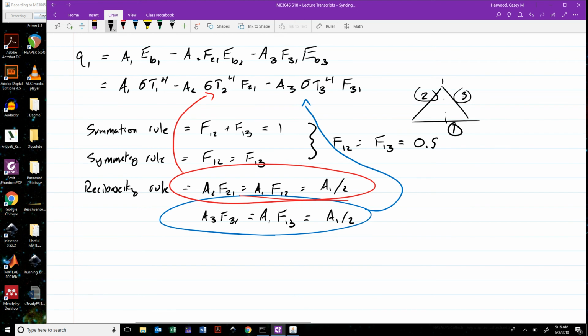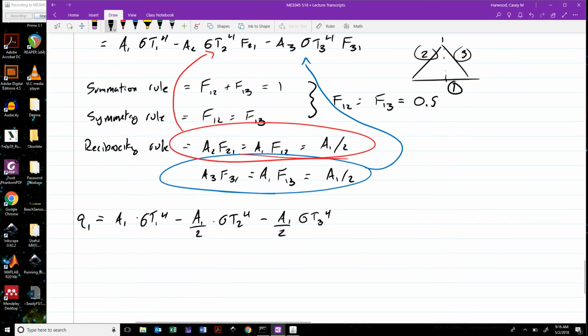And what we can do is write Q1 now equal to A1 times sigma T1 to the fourth minus A1 over 2 times sigma T2 to the fourth minus A1 over 2 sigma T3 to the fourth.